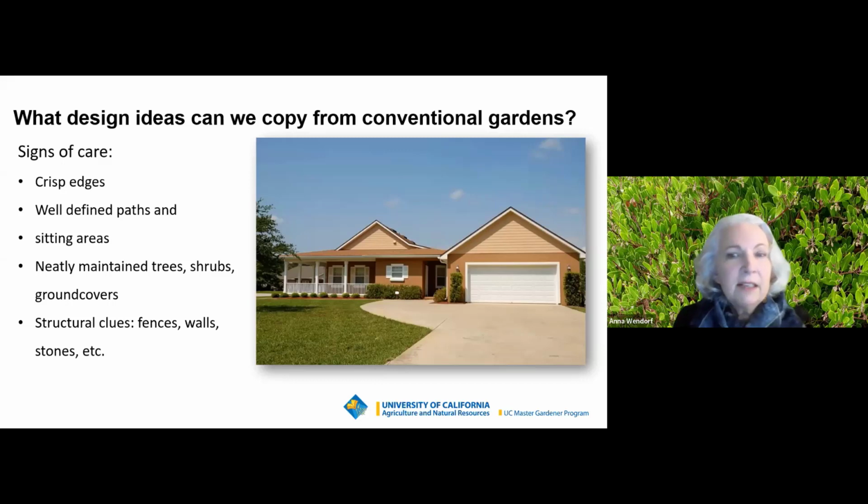Some of the signs of care of a garden over a wild space are crisp edges, well-defined paths and sitting areas, neatly maintained trees and shrubs and ground covers, something that's been pruned a little bit, maybe with any dead wood taken out, and also structural clues, which would be ways to contain the space so that you feel like it has a frame around it. That's going to make any kind of wild space feel like it's intentional. That's something that we can add to our gardens.